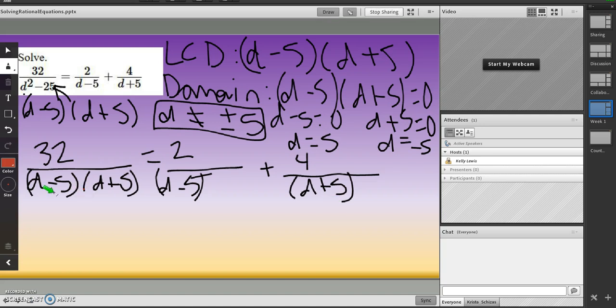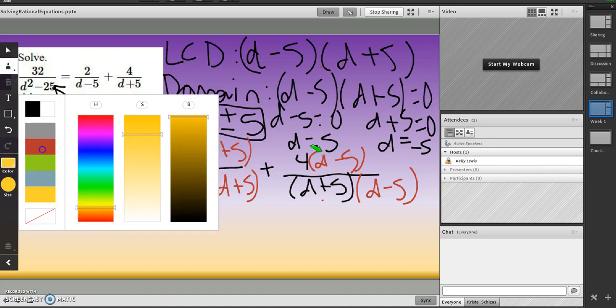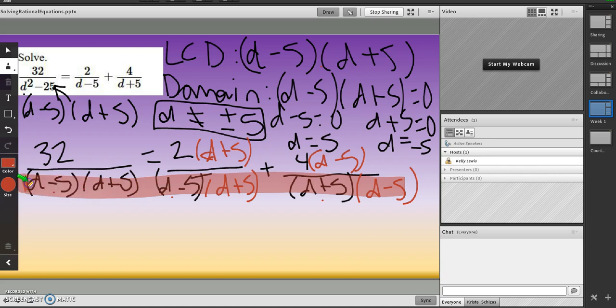So this is already d minus 5, d plus 5. This has a d minus 5, so I need to multiply by a d plus 5 on the top and the bottom. And this has a d plus 5, sorry, so I need to multiply by a d minus 5 on the top and the bottom. All right, don't cancel, but everything in the denominator is the exact same, so it goes away.